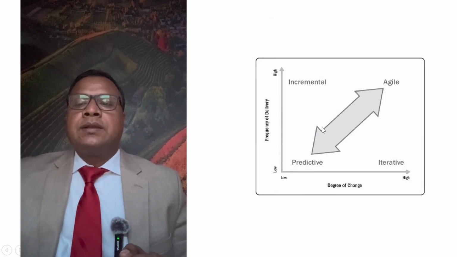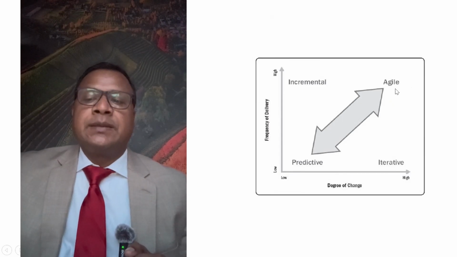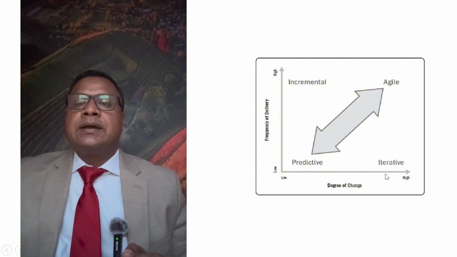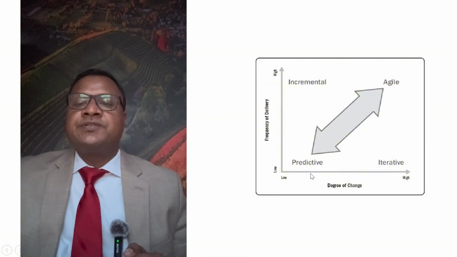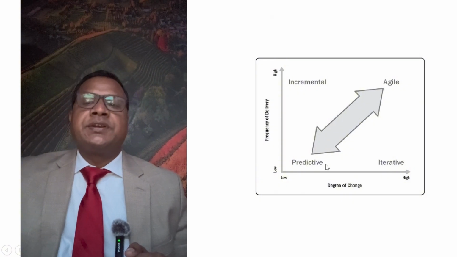On the other hand, when the degree of change is high and frequency of delivery is also high, both are high, that's called agile. And when the degree of change is high and the frequency of delivery is low, we call it iterative.